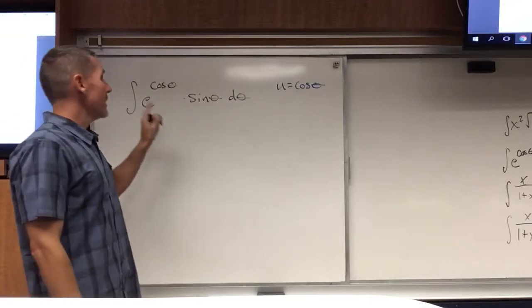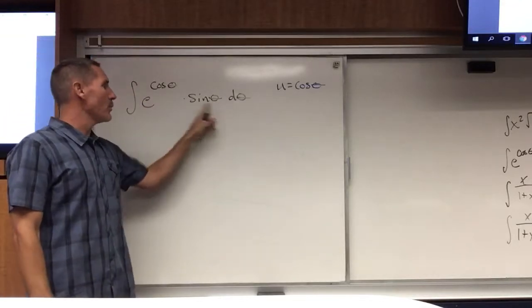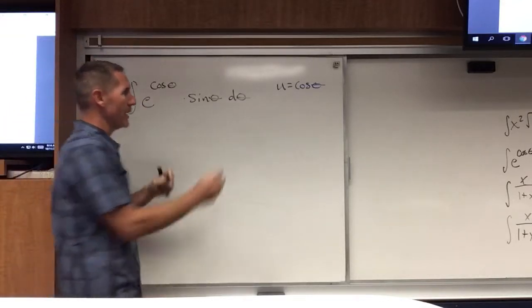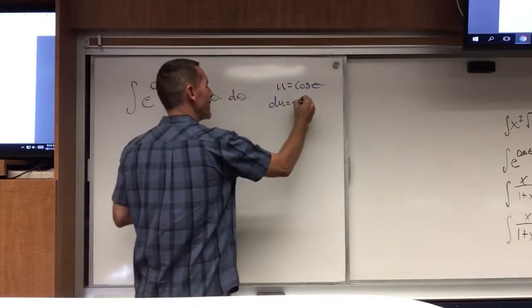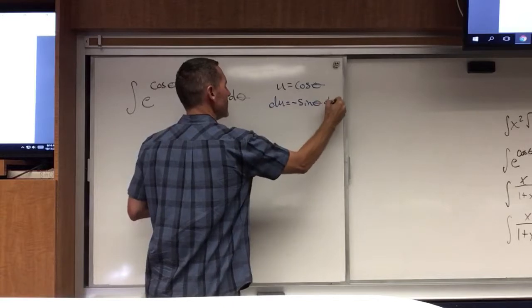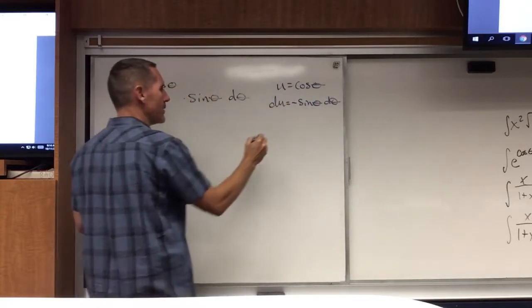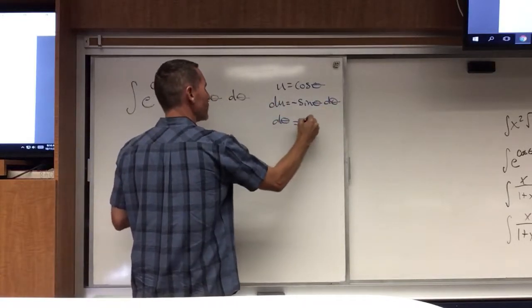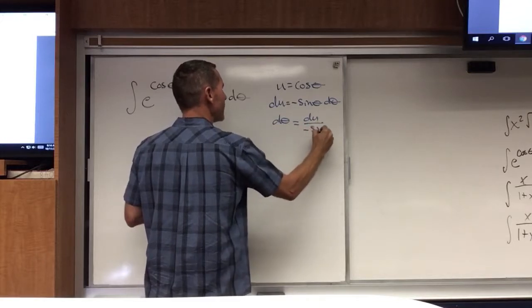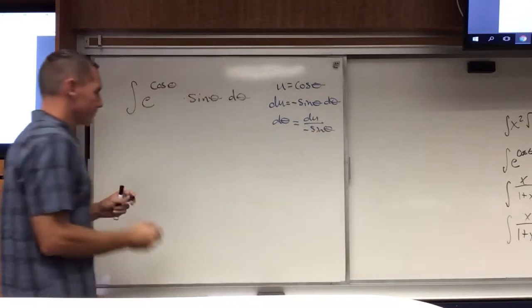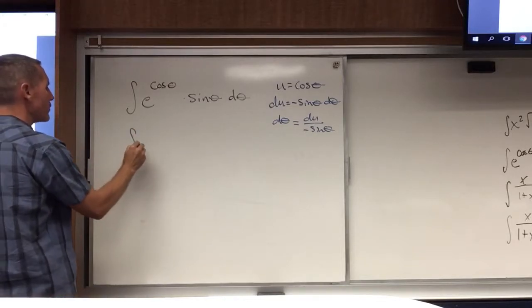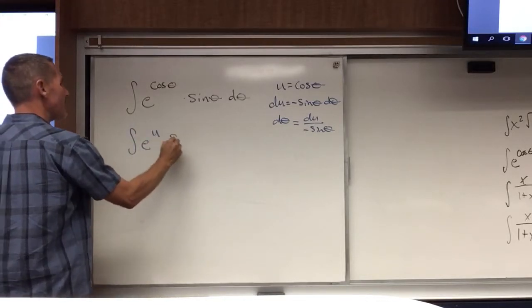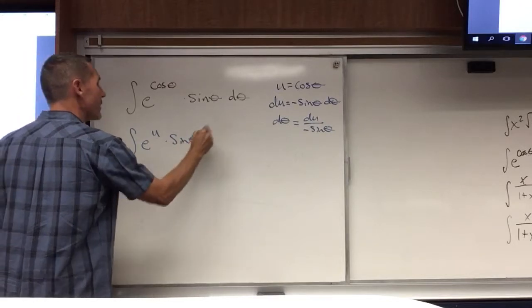I also see that its derivative is a multiple of sine theta, right? Because when I do this, I have du equals, well, the derivative of cosine theta is negative sine theta, and then d theta. Solving for d theta, I get d theta is just equal to du divided by negative sine theta. So this integral ends up being the integral of e to the u times sine theta, times d theta.